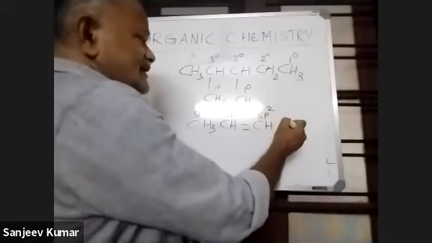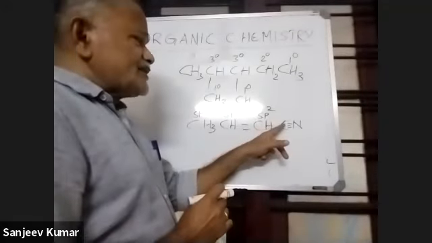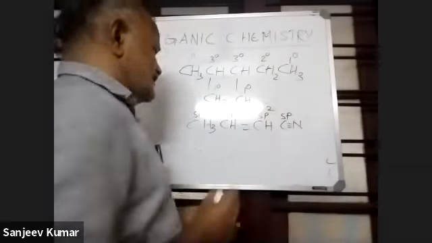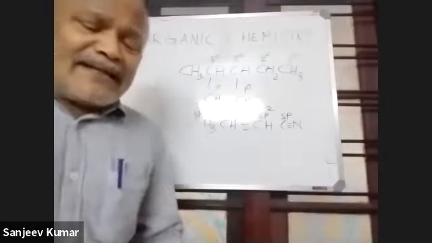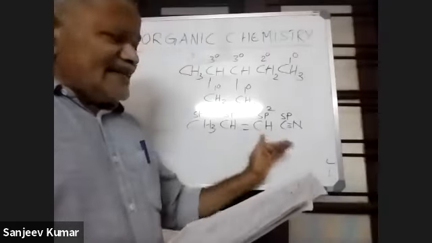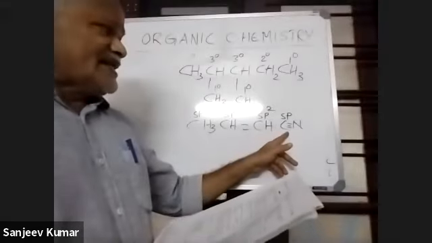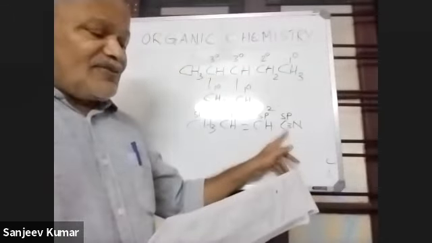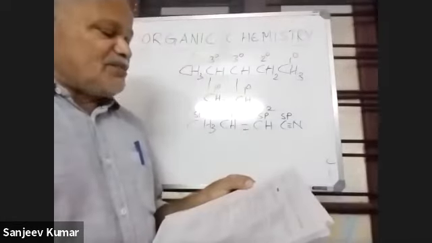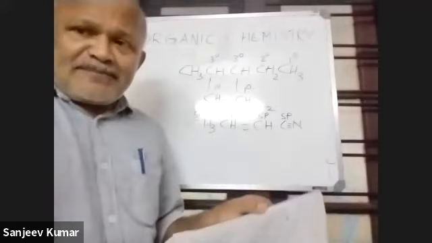CN means a carbon-nitrogen triple bond, so there are 2 sigma bonds and 2 pi bonds, and it is sp hybridized. So from left to right, the first carbon is sp3, the second and third are sp2, and the fourth is sp. Therefore the answer is sp3, sp2, sp2, sp, which is choice A.